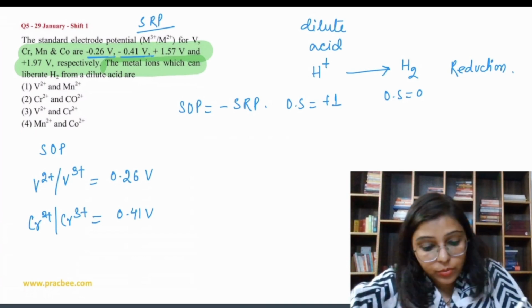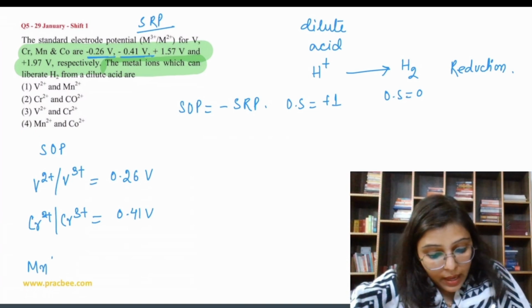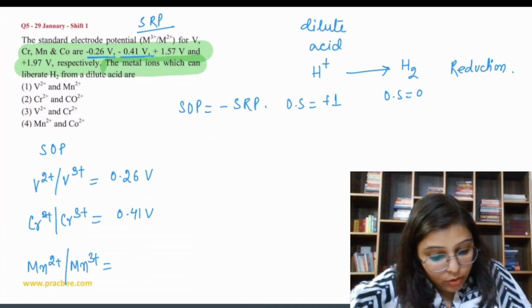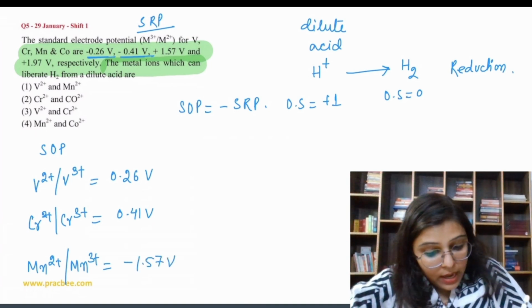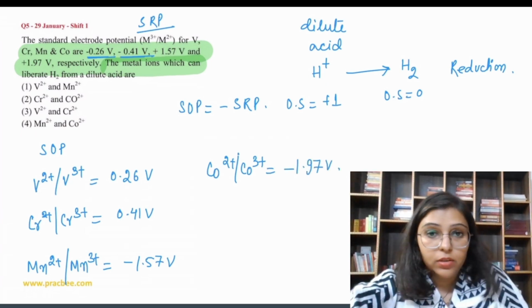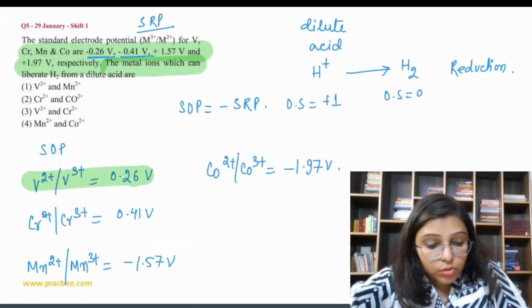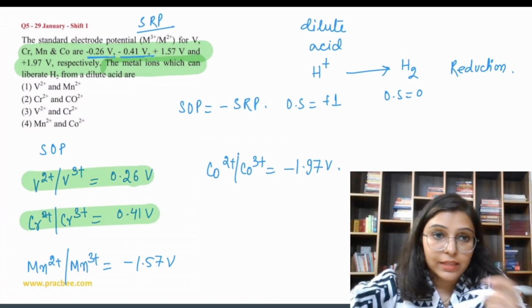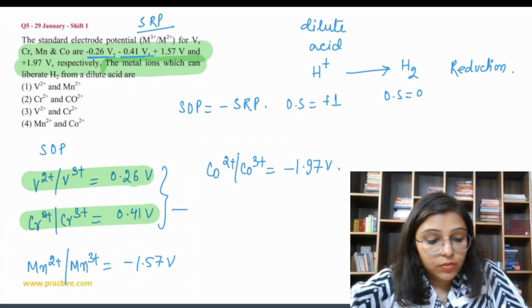Now let's do for Mn2+. Mn2+ to Mn3+, we get the value of 1.57 volt, and cobalt 2+ to cobalt 3+, we get the value of minus 1.97 volt. So only for these two metal ions the value is positive.